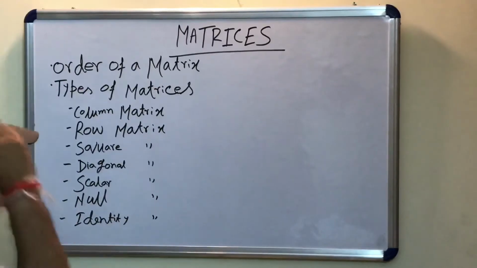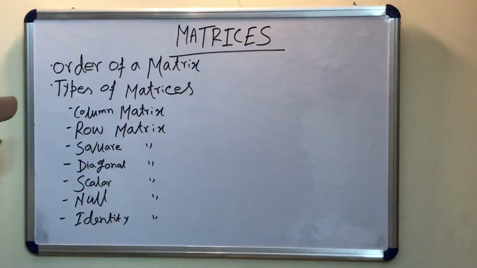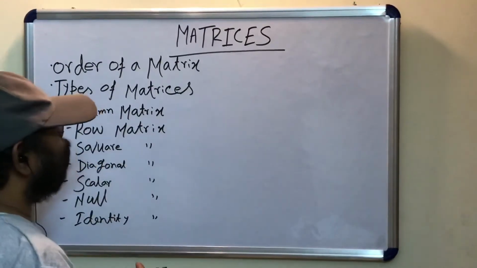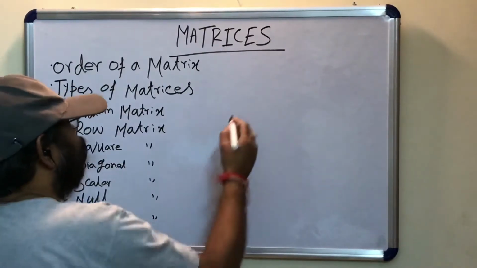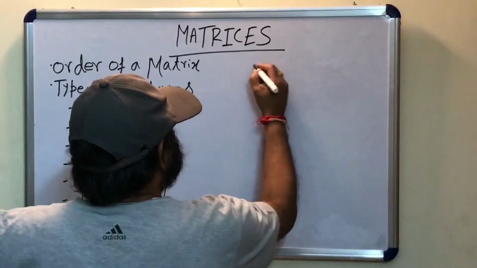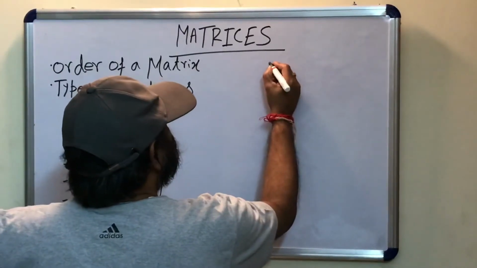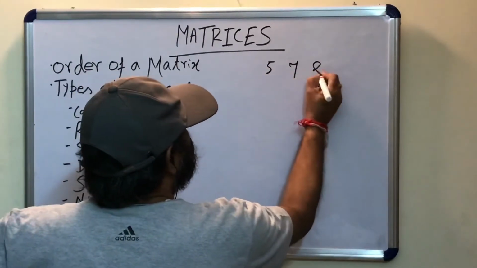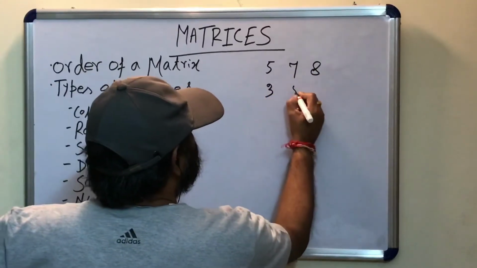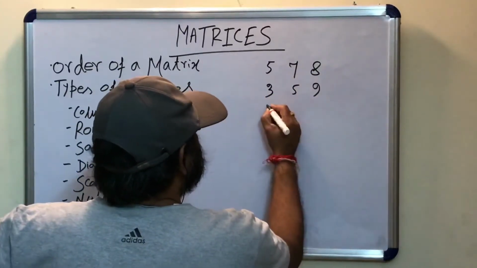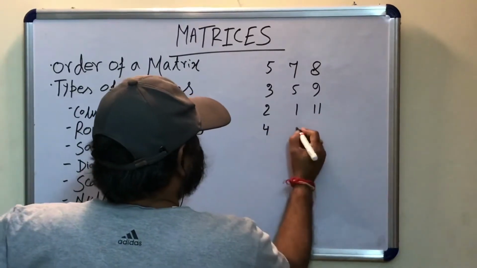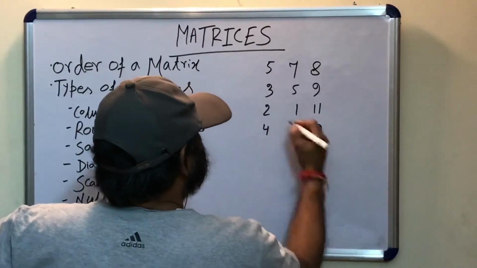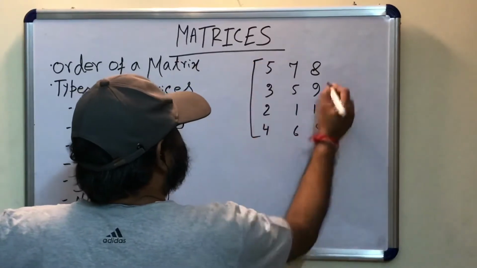What is a matrix? A matrix is nothing but an arrangement of elements in two-dimensional arrays. What does it mean? Say there are elements 5, 7, 8, 3, 5, 9, 2, 1, 11, 4, 6, 9. These are the elements.